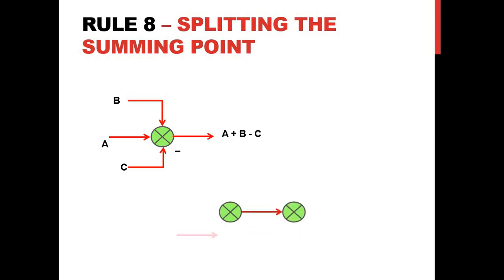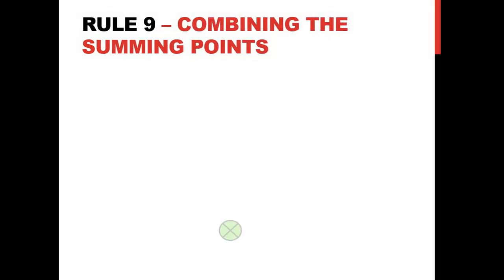Each summing point can be provided with 2 inputs. For the first one, you can have A and B as the inputs. The output we have here is A plus B. For the second summing point, we can have C as the input. So ultimately we will have A plus B minus C. So now we have divided one summing point into 2 summing points.